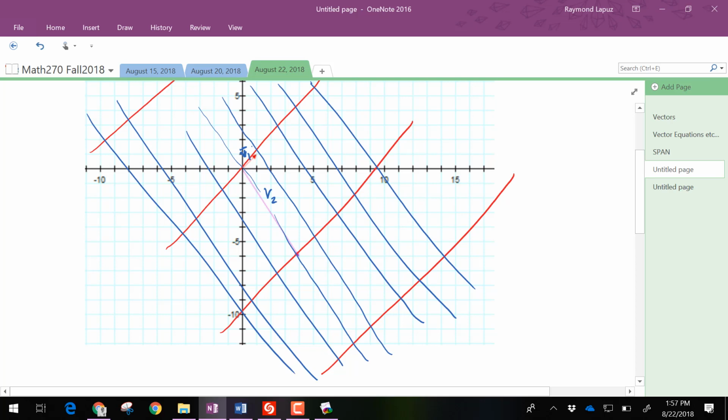So if you adjust the way you're thinking about this and take a look at this point, that's when you scale V1 by 1. And then you scale V2 by what? By 0.